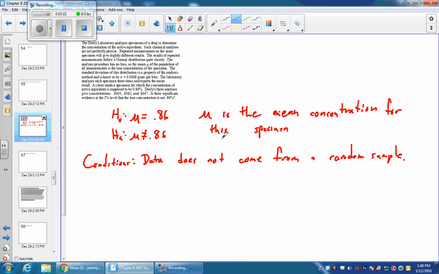All right, so now we want to know, are these independent? To use our standard deviation, we have to assume that there's more than 30 samples if we're sampling without replacement. So we assume there are more than 30 samples for independence.